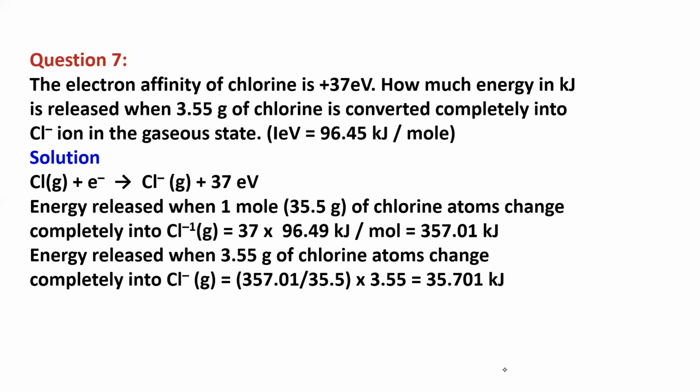Similarly, the energy released when 3.55 grams of chlorine atoms change completely into Cl minus is 357.01 by 35.5 into 3.55, which comes to around 35.0701 kilojoules. So this is the answer. I hope it is clear. Next question.